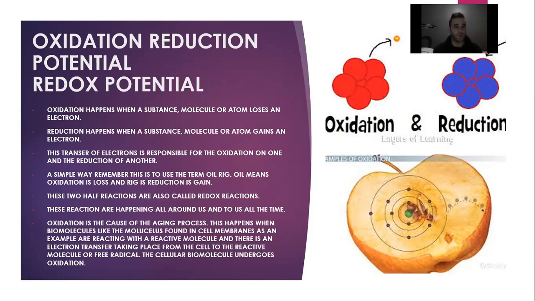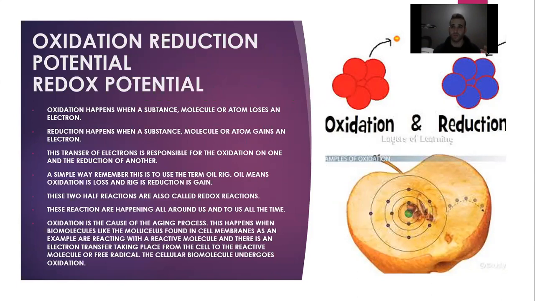A simple way to remember this is to use the term OIL RIG. OIL means oxidation is loss, and RIG, reduction is gain. That's a little acronym that I've learned and I use and share with people that are trying to remember.